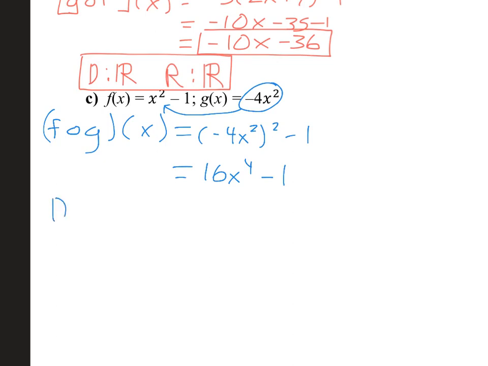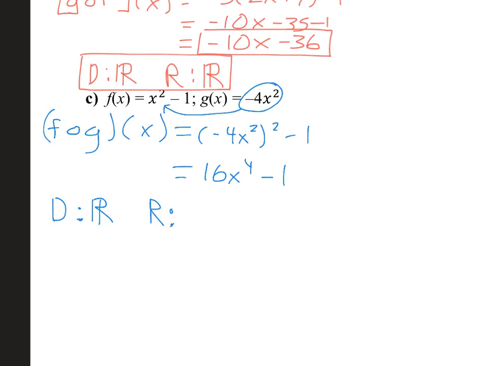The domain for that is all real numbers because there's no denominator. Remember, all we're really worried about is no denominator can equal 0. All right, the range. Well, the range is definitely not all real numbers because it's even.